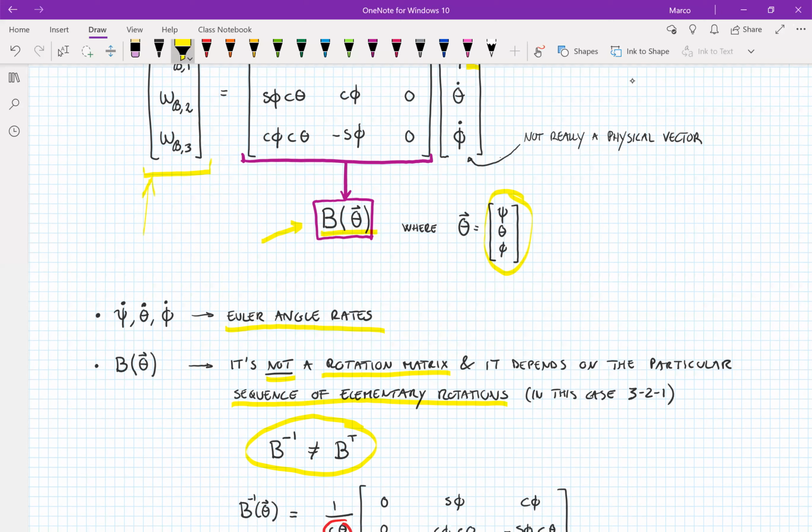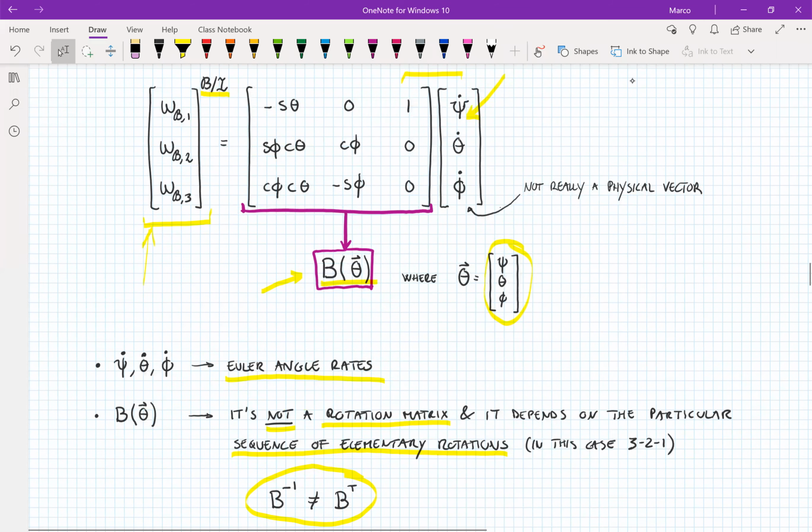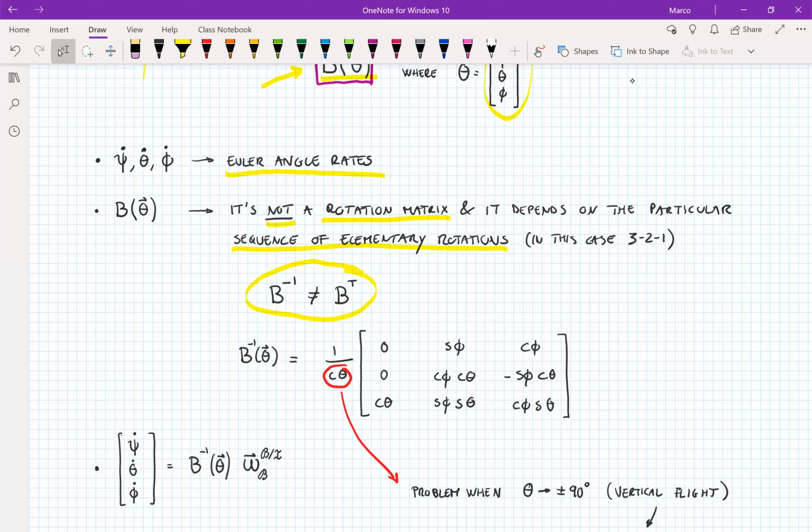What if you had another sequence? Well, you will end up with a different B matrix. As a matter of fact, I suggest you repeat this analysis for the 3-1-3 case, and you'll see that the B matrix is going to be different. Furthermore, if we take the inverse of the B matrix, you'll see that we will end up with this 1 over cosine of theta.